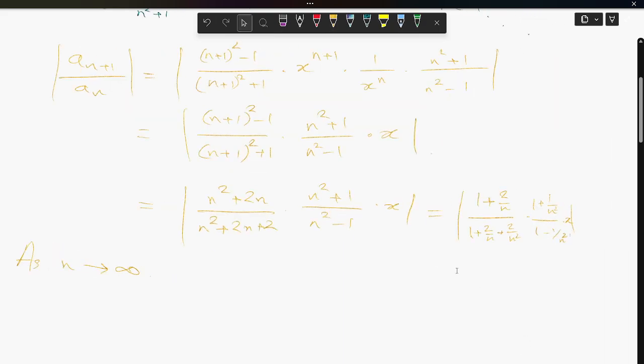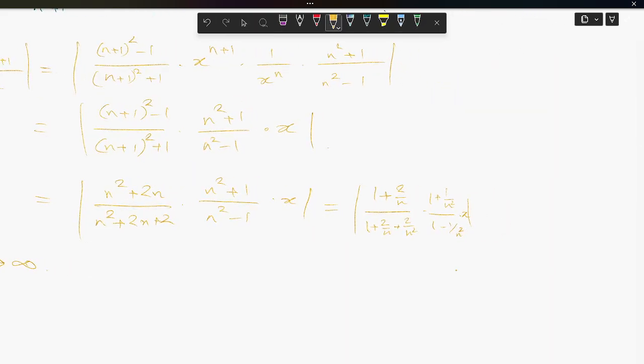Exactly, we will have this thing. If we are trying to check the limit at infinity, all the 1 by n or 1 by n square terms go to 0. So finally we will only get mod of x here. So our limit L will be mod of x.